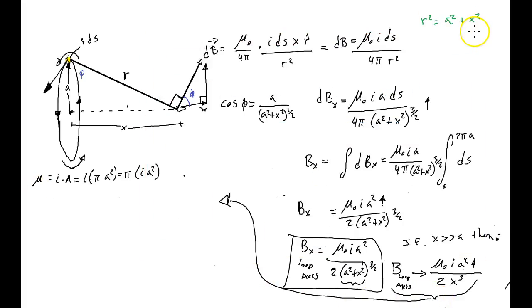And this is the magnetic field along the axis of a loop if you're talking about for values of x much, much greater than a, where mu is the magnetic moment of the loop and x is your distance away from the plane of the loop.